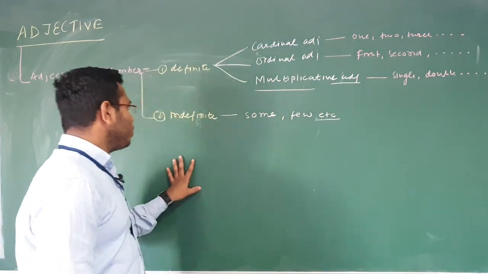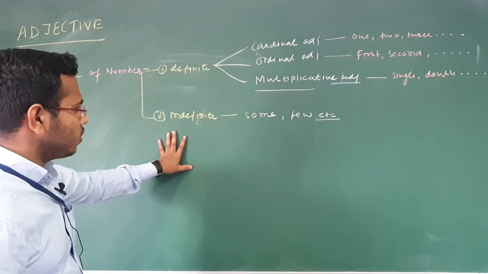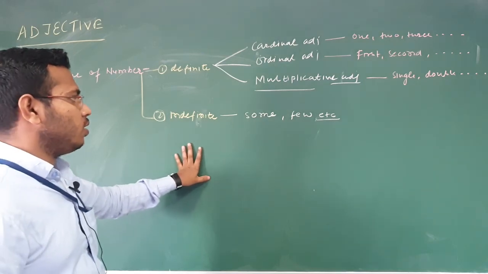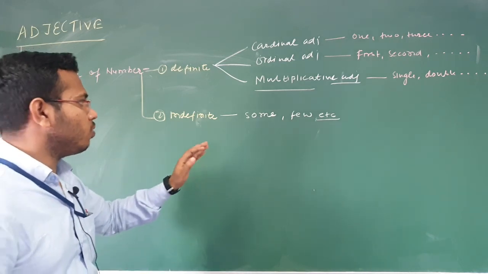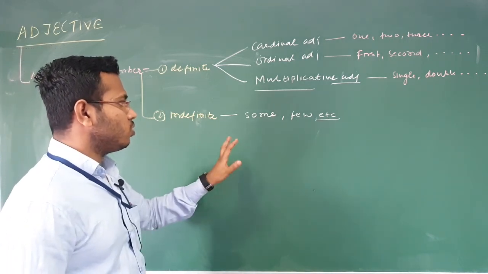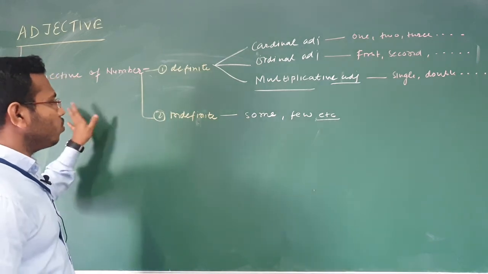But okay, we were discussing indefinite numeral adjectives. We said that some words show indefinite numbers of a noun or pronoun, and in that case those words are called indefinite numeral adjectives.